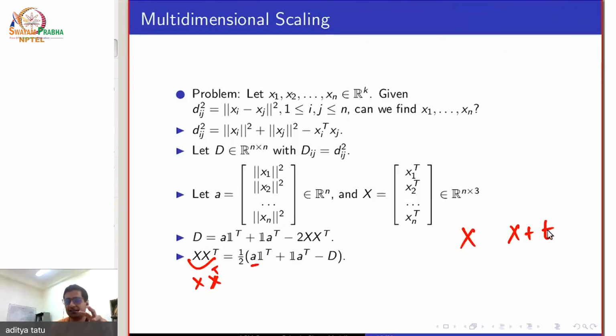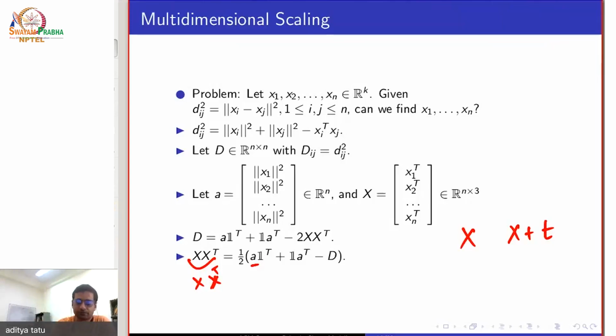Is the distance going to change if I change X to X plus some translation vector? No, right? This is something we have been discussing almost throughout the summer school, that the distance between points is invariant to any rigid transformation.